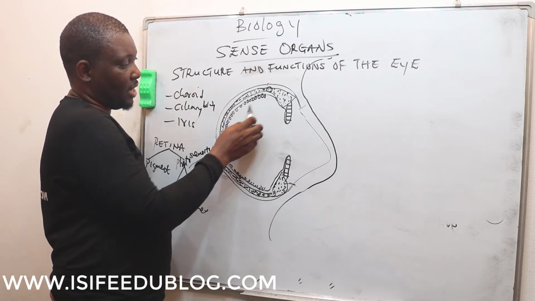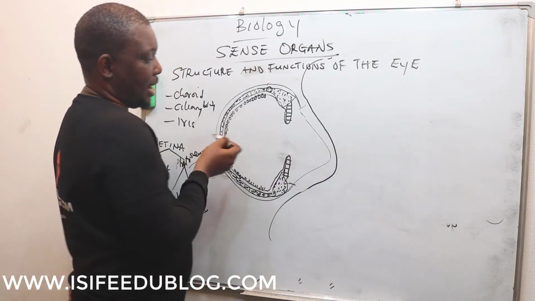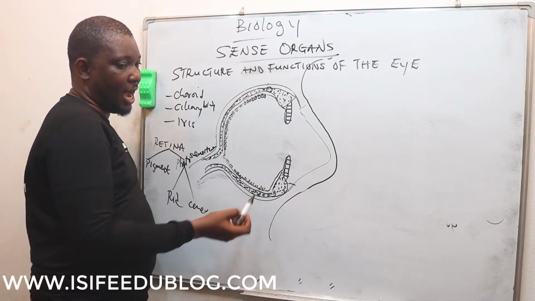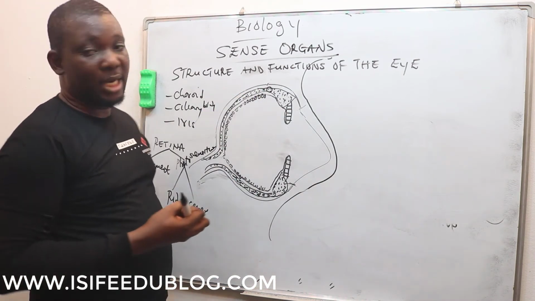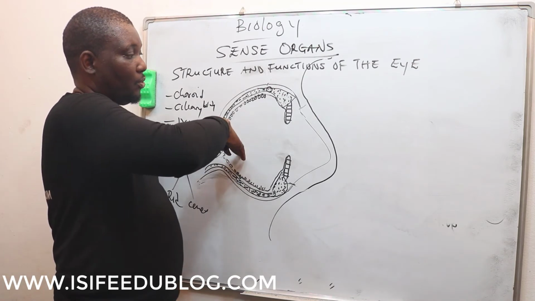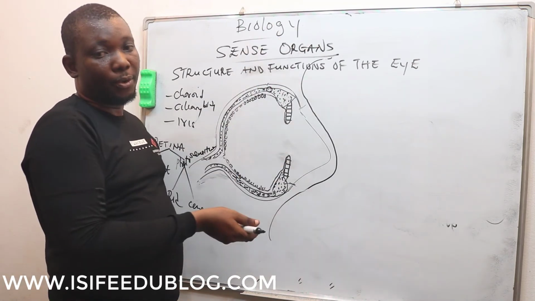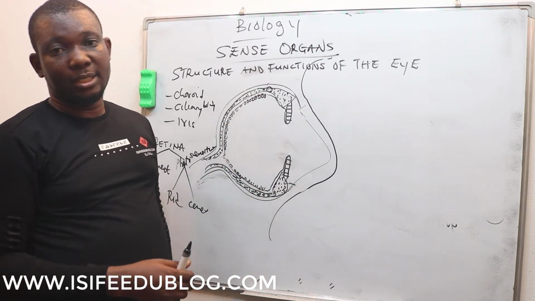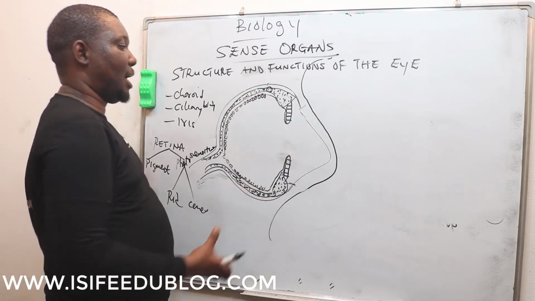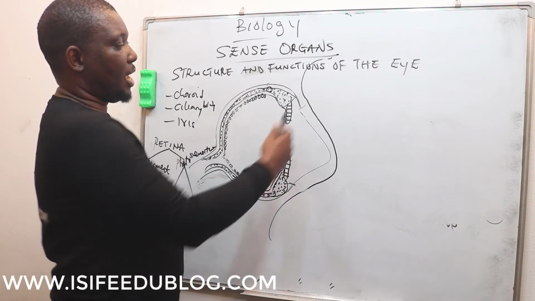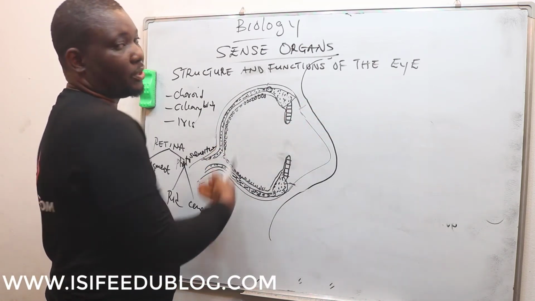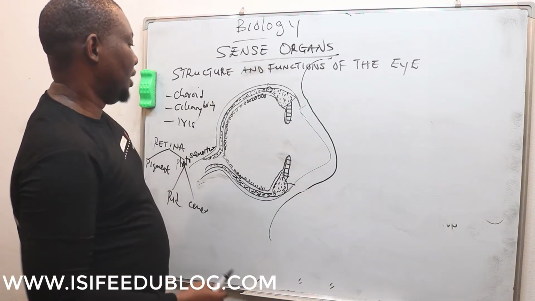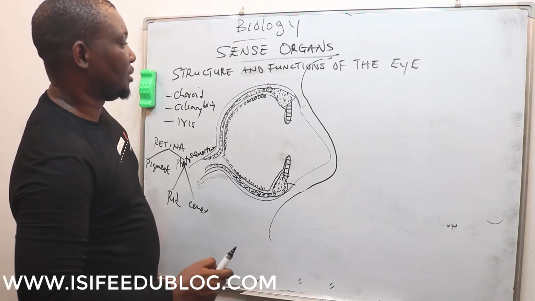In fact, these cells of the eye ensure that when light enters the eye, this black part of the eye absorbs light, making it impossible for light to reflect in the eyeball. So light cannot reflect in the eyeball because of the pigment layer in the retina. Rather, the light is absorbed. For the eye to see any object, light must enter before an object is clearly seen. Take note of that.